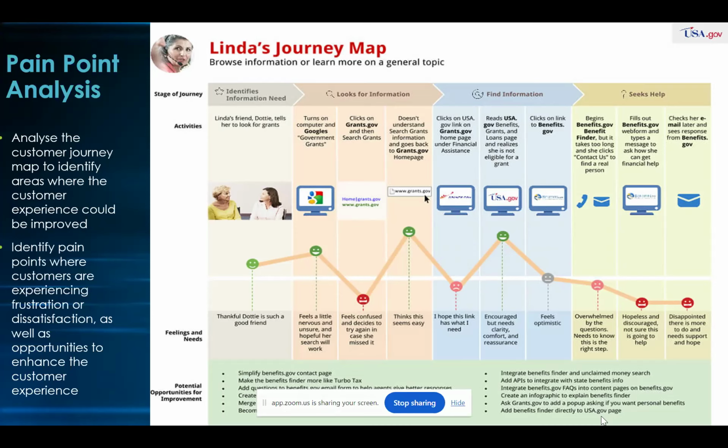And like I said, the things at the top are things to strengthen and do more of. The things at the bottom are opportunities you can use. And you can see the potential for improvement is listed out here based off of what the user journey has revealed for this particular user.